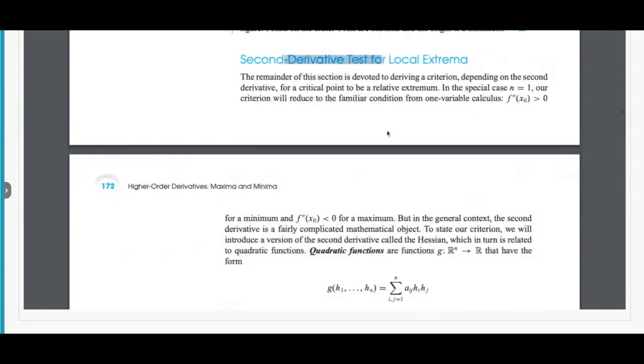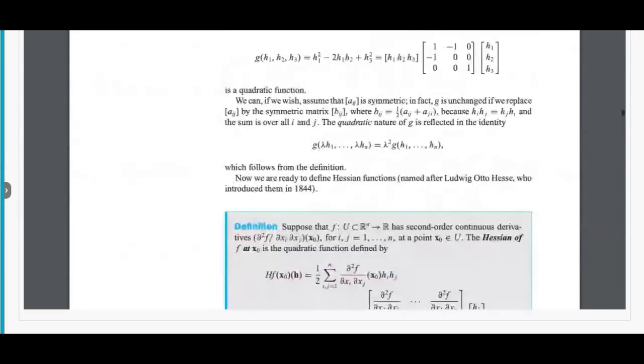Second derivative test. We call this the Hessian of f at a point x. We use this H f of x. Remember, h is the difference in the x direction. It equals the half times the second derivative.